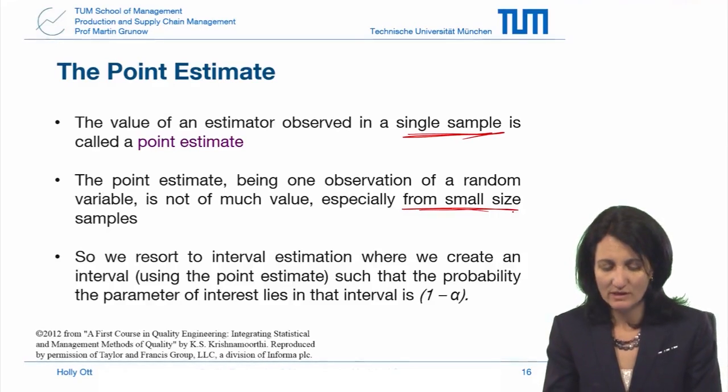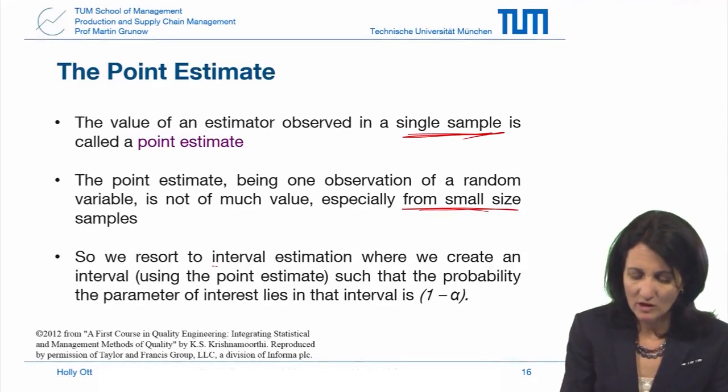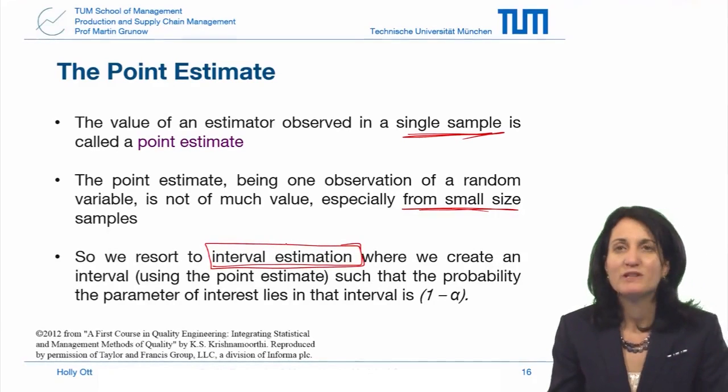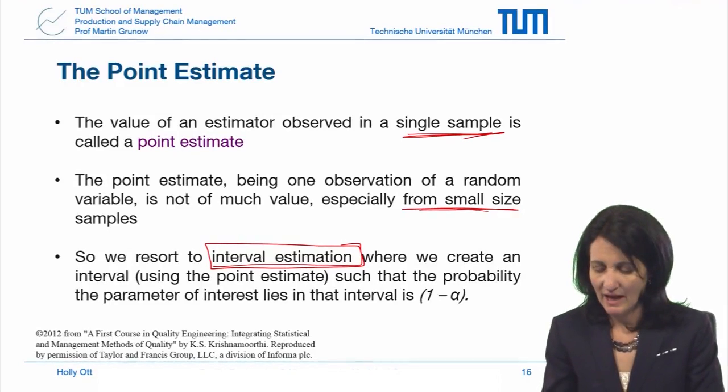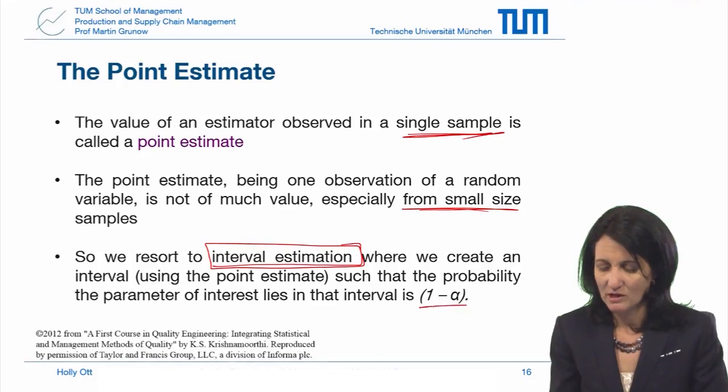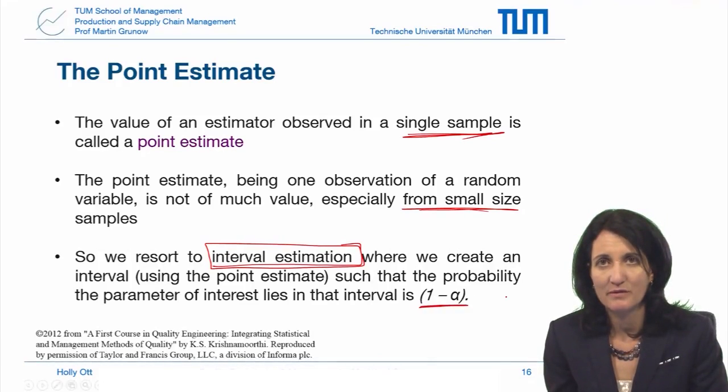What we need to do in this case is use what we call interval estimation, where we create an interval using our point estimate such that the probability that the parameter of interest lies in that interval is of a certain value, which we title 1 minus alpha.